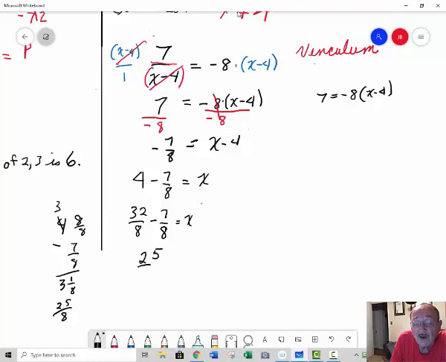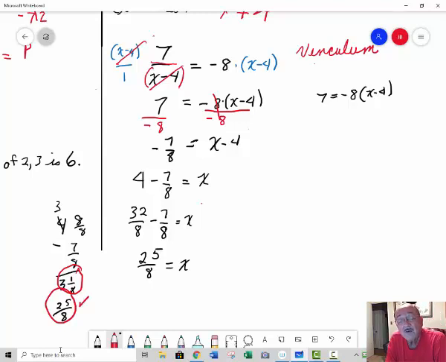So 25/8 is my value for x. Now, generally speaking, we don't use this one, because anytime we're going to work with it, we have to convert it to this one right here. This is a perfectly good answer. 25 over 8 is a perfectly fine answer.